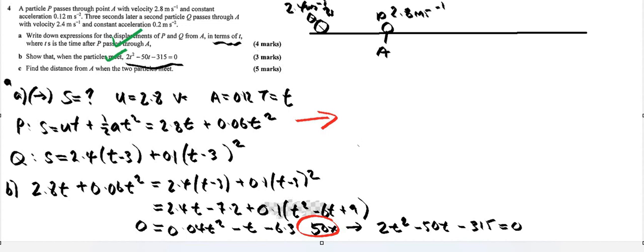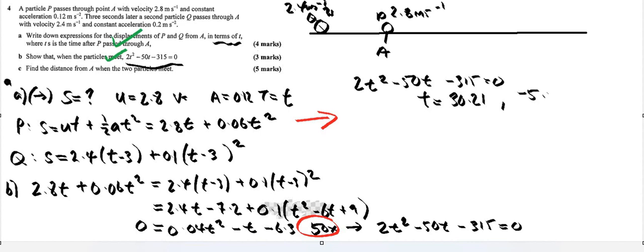So if I solve my equation, 2t squared minus 50t minus 315 equals 0, the two t values I get from this are 30.21 and negative 5.21. Well, we all know we can't have negative time, so let's cross that out, make it clear that's not a solution. We know this is the only solution.